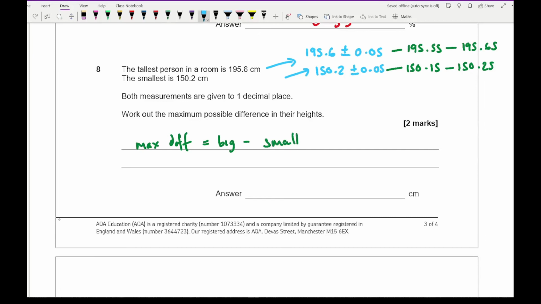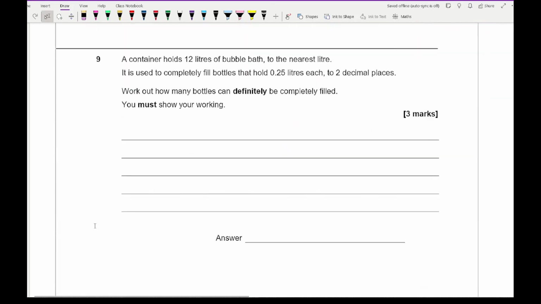So I want the biggest tall person, which is 195.65, and the smallest limit of the smaller person, so that's going to be 150.15, and that gives me an answer of 45.5.